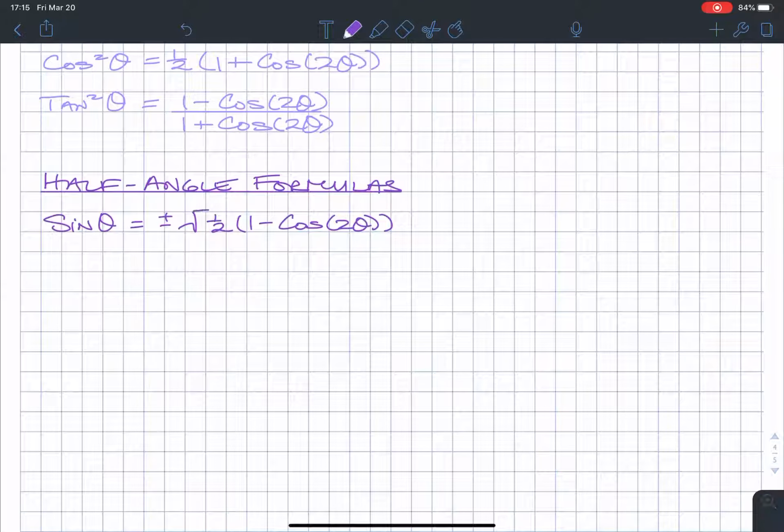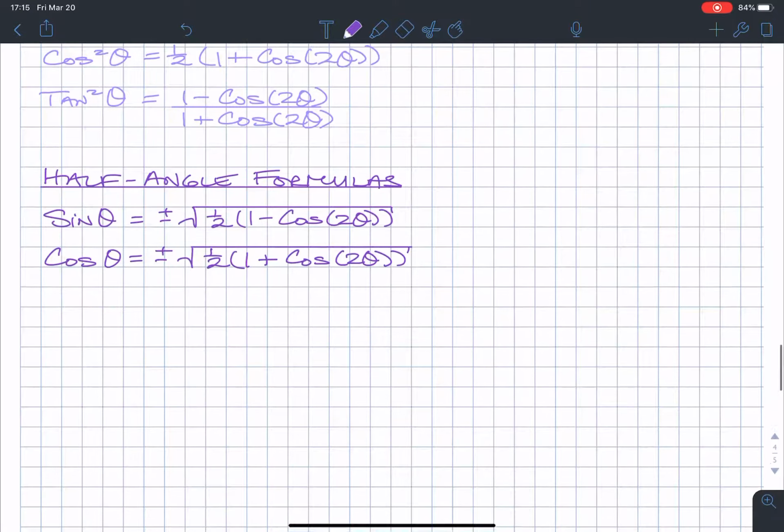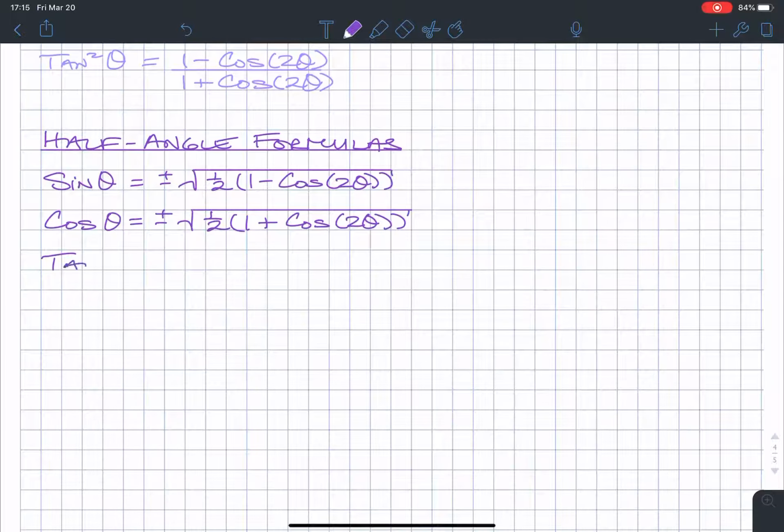Basically, I'm just taking the square root of the power reduction formula. Similarly, cosine of theta is plus or minus the square root of 1/2 the quantity 1 plus cosine 2 theta. And finally, tangent of theta is plus or minus the square root of 1 minus cosine 2 theta divided by 1 plus cosine 2 theta.